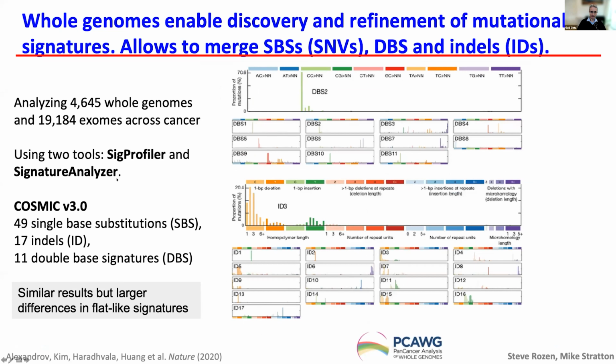We got similar results by applying the two different algorithms, but not the same, and particularly they were different in the flat-like signatures. So when we heard earlier today several talks about these flat-like signatures and whether we can find them or not, I urge you to try multiple methods and see what they come up with for these flat-like signatures.